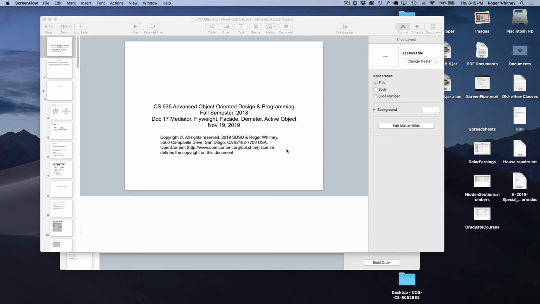Another one is the cell. So what's the responsibility of a spreadsheet? There's a collection of cells, so it manages a collection of cells.